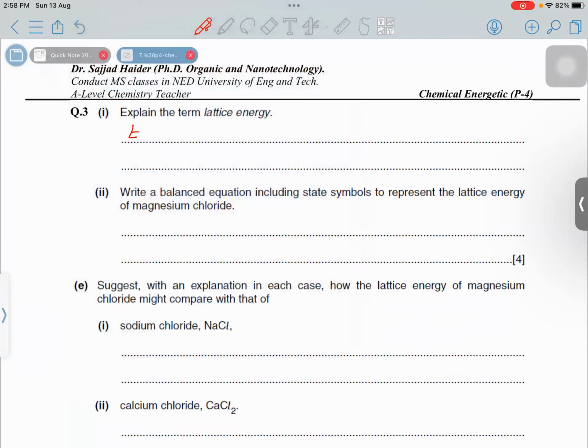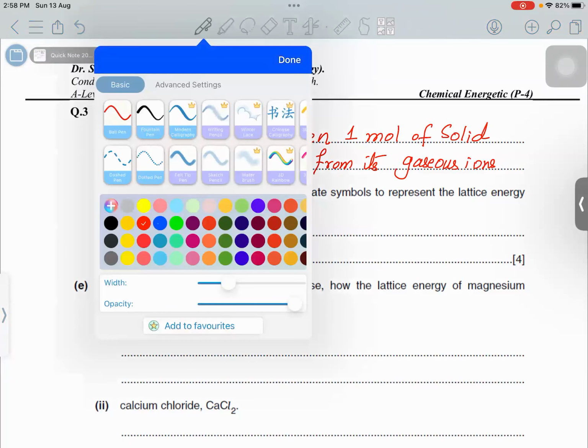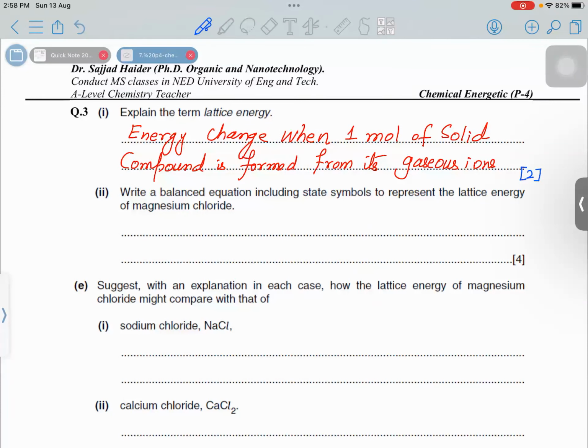This is for 2 marks: 1 mark for energy change and 1 mole, and the second mark for from its gaseous ions.